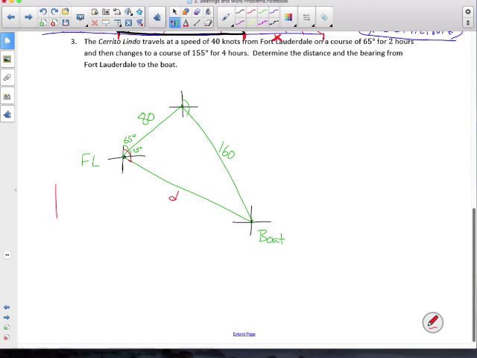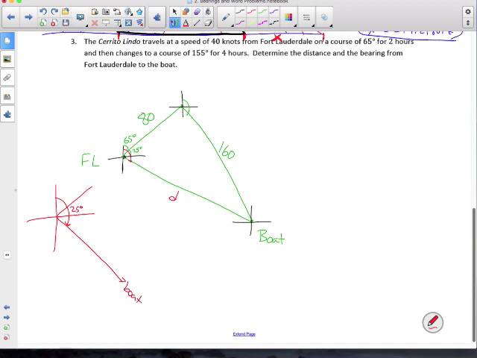If I zoom in on that, here I have 65. That's a terrible 65. Let's try that again. Here I have 65. Here's the actual bearing I'm trying to find. The boat is way down here somewhere. So this is the angle I want to find. I know part of it already. This little part right here is 25.